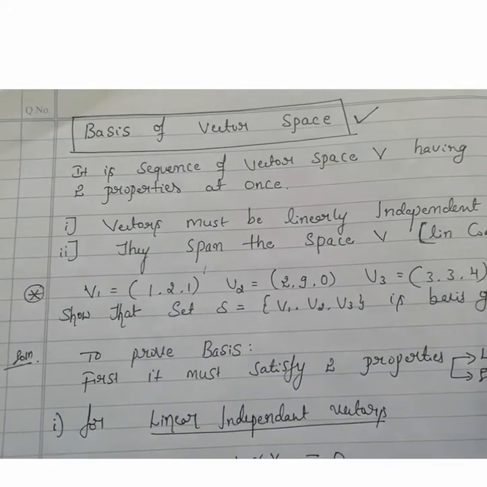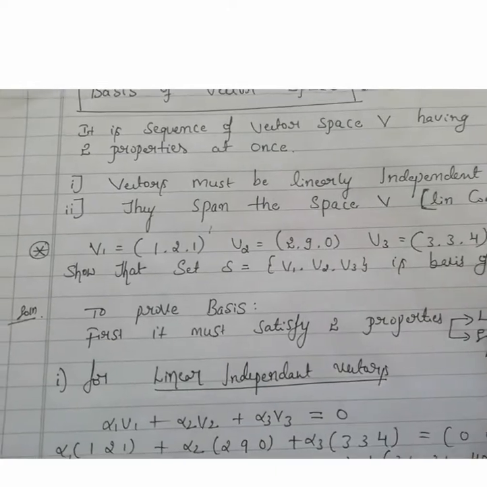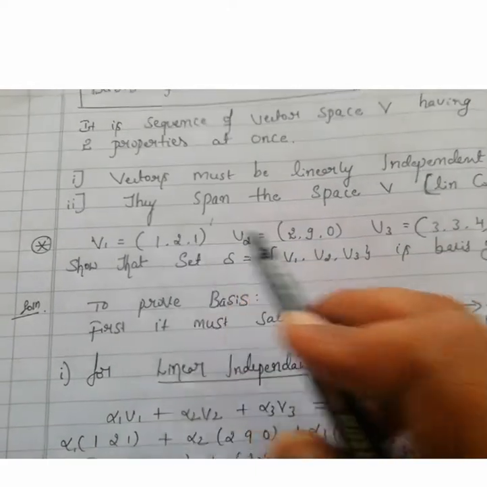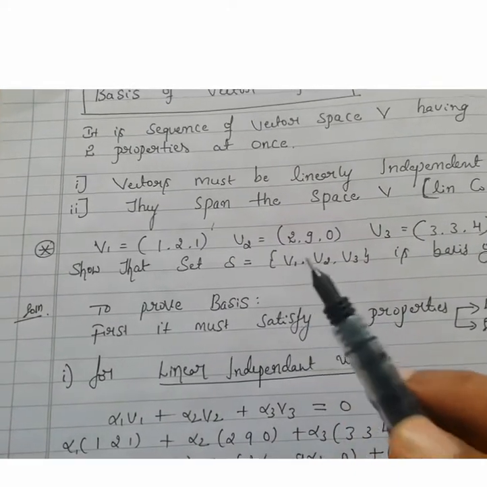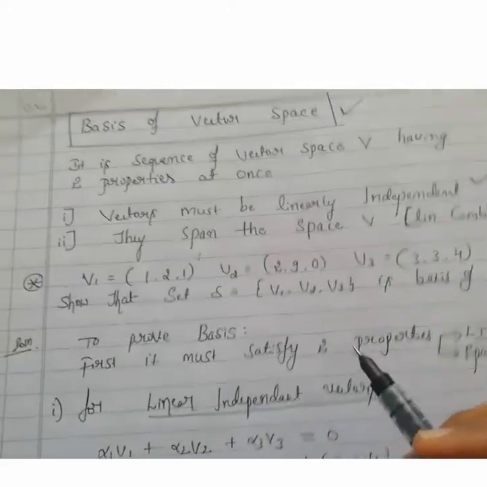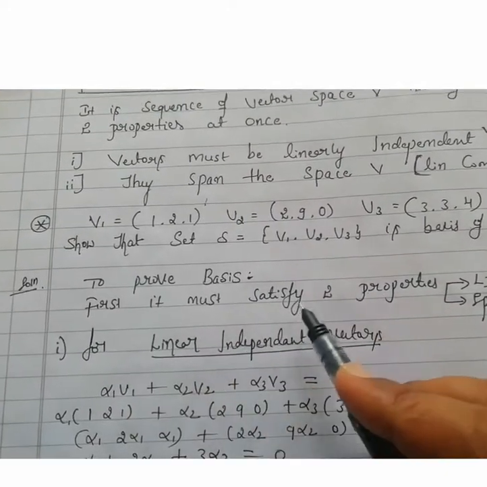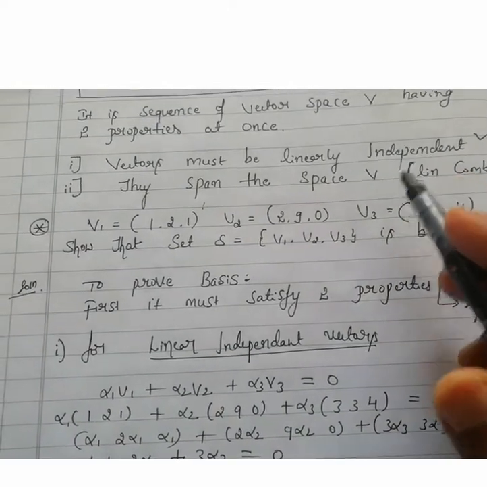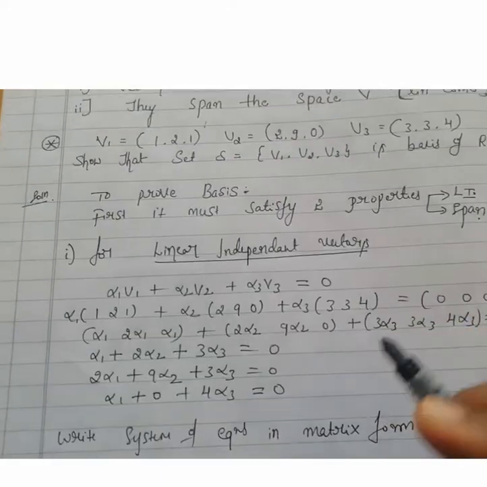That is what R3 refers to. Suppose it is given as R4, then directly you can say that three vectors are not going to span it. So to prove a basis we must satisfy two properties. First is linear independence and the second is that it spans. We will understand span in detail in this part.